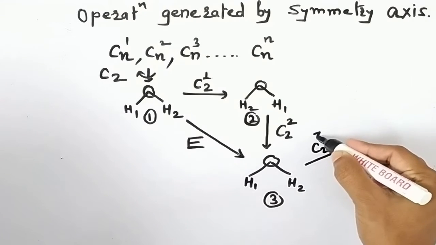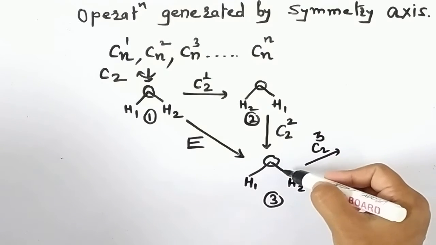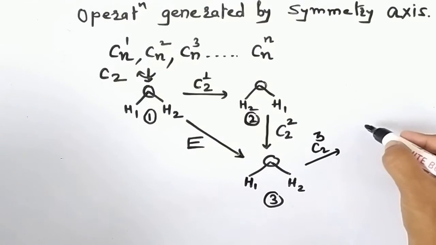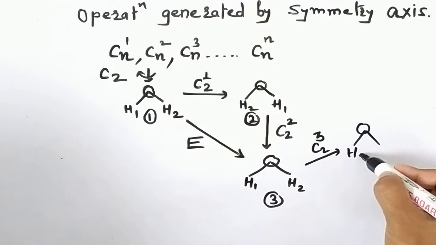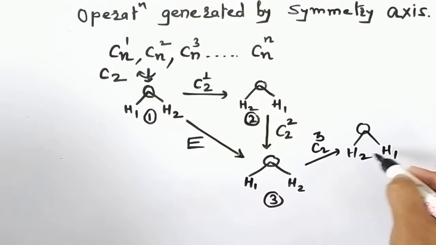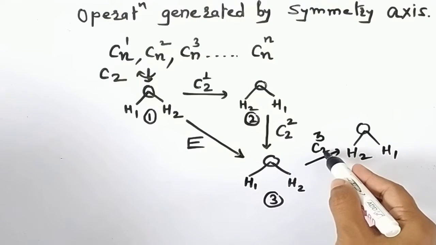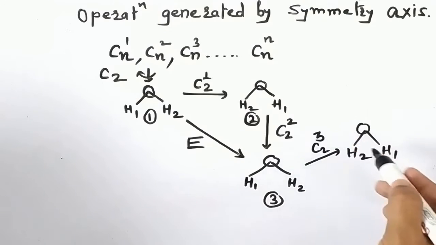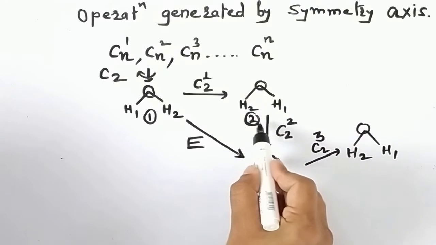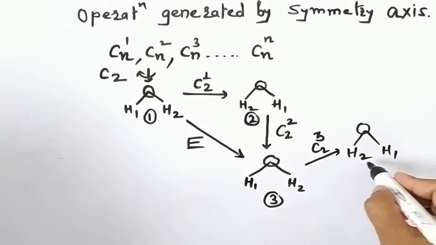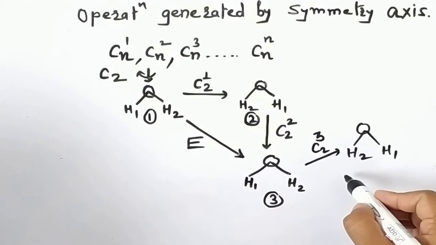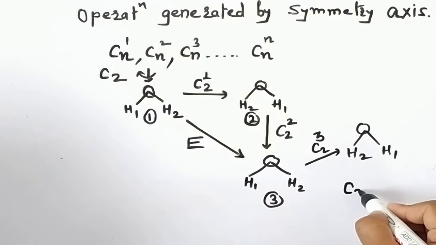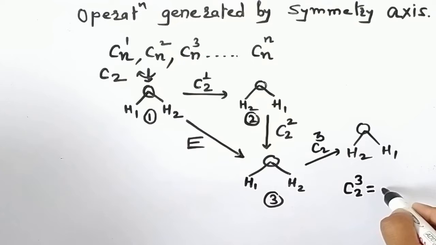In that manner, if I operate one more time, C2 thrice, that means C2 twice and then C2 once more. What will I get? I will get the result in this format, H2, H1 will be here. So C2 raised to thrice is similar to this number 2 molecule, and if it is the same as number 2 molecule, I can say that C2 thrice is equal to C2 once.